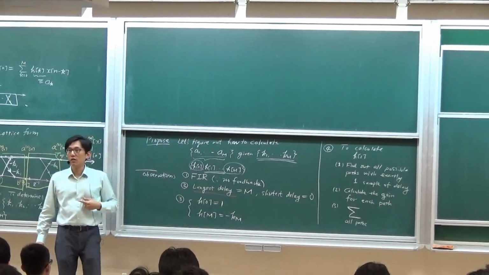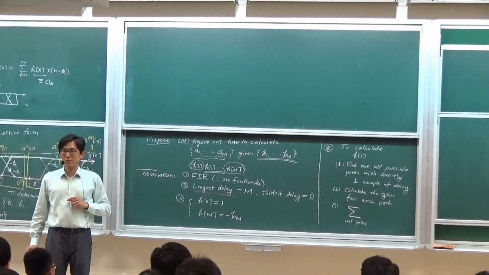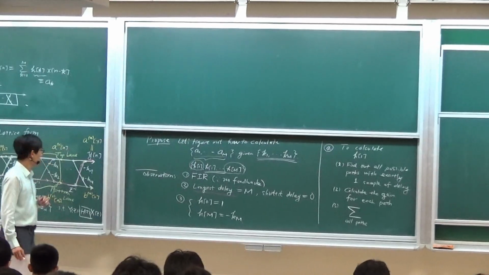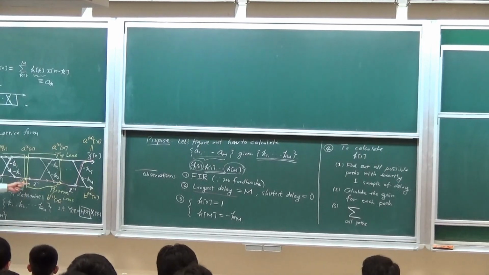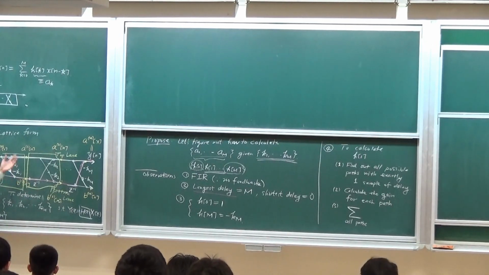How about H of 2? Things are becoming a mess. You need to find out all the possible paths that have exactly 2 samples delay. It's getting more complicated, right?